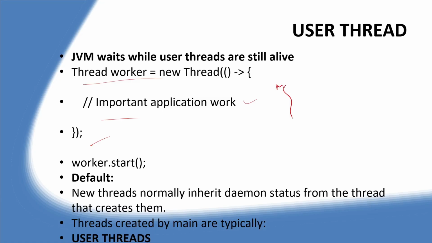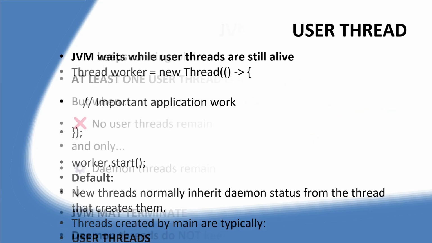This is the main thread, what we call the main method. Whatever threads we create inside the main thread are user threads, and a user thread will perform some specific task.